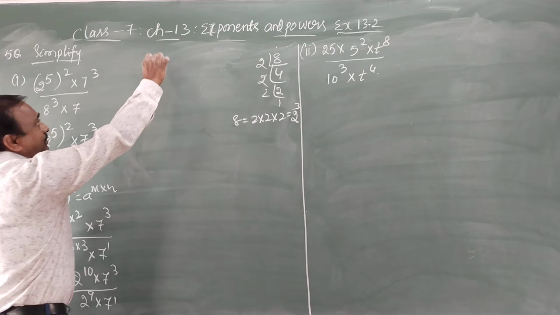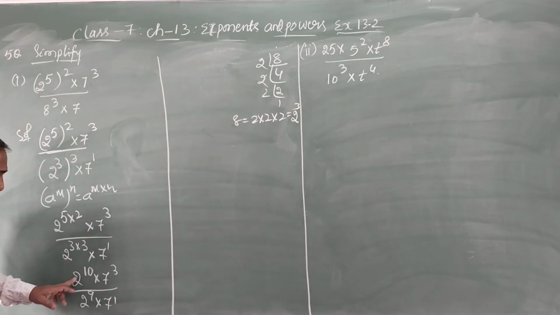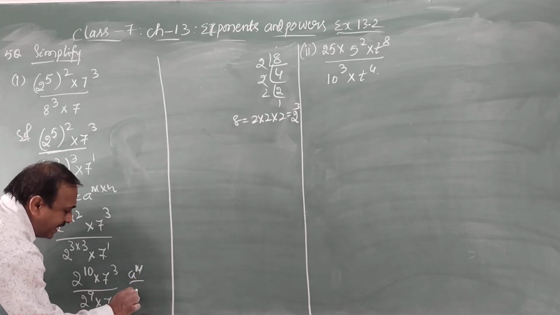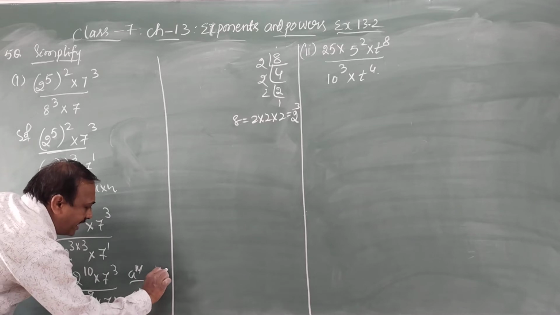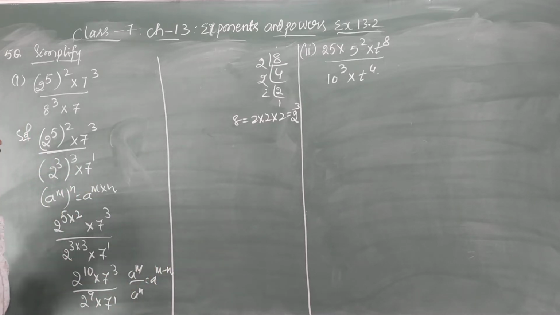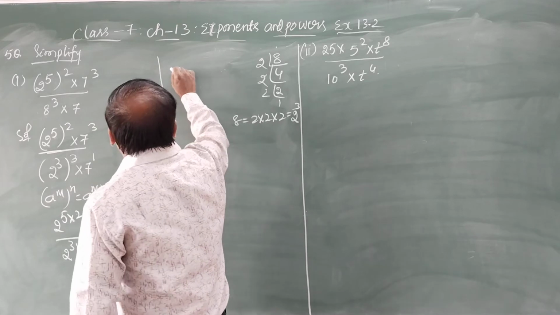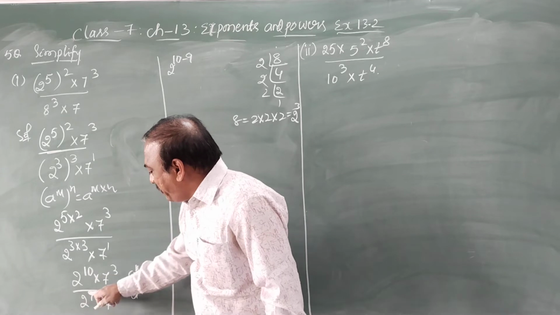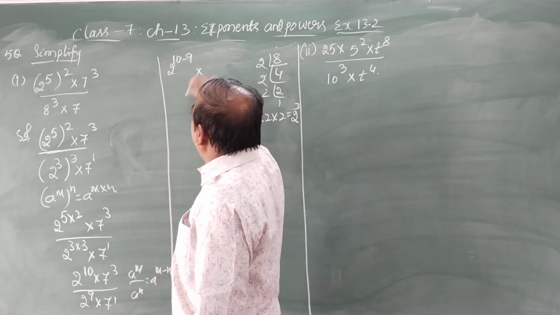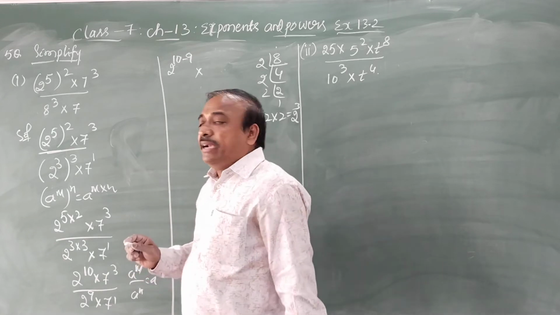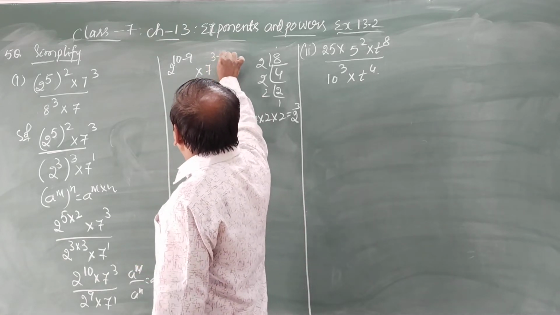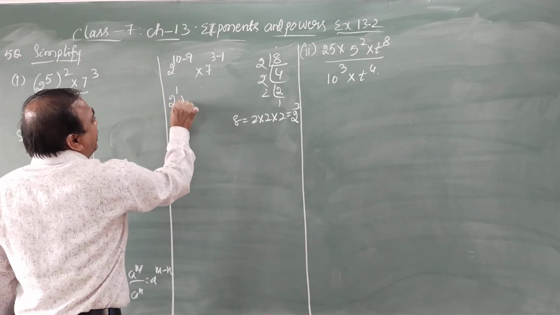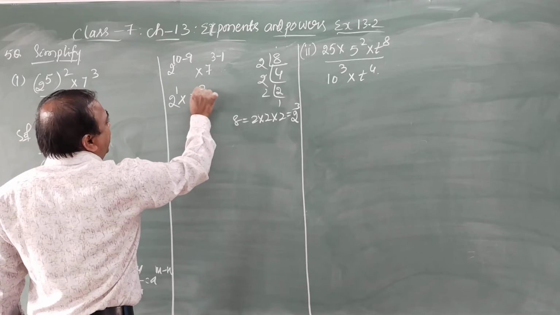Now we observe the step: a to the power m by a to the power n is equal to a to the power m minus n. This identity can be used. So here 2 to the power 10 minus 9, and 7 to the power 3 minus 1. Which is equal to 2 to the power 1 into 7 to the power 2.